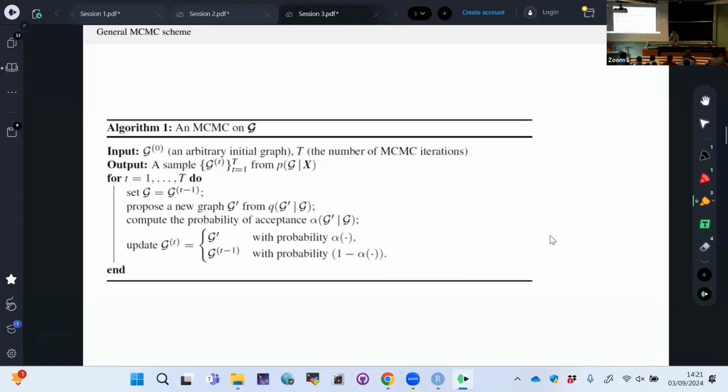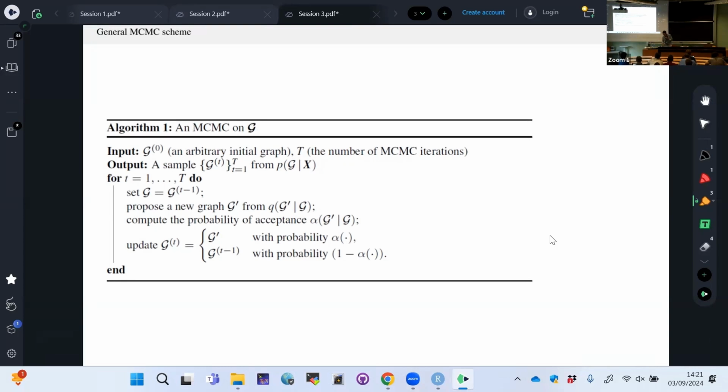Okay, so if we have all these ingredients, then an MCMC algorithm over the space of graphs can be structured as follows. We need to start from an initial graph, an arbitrary graph. Let me call it G0.